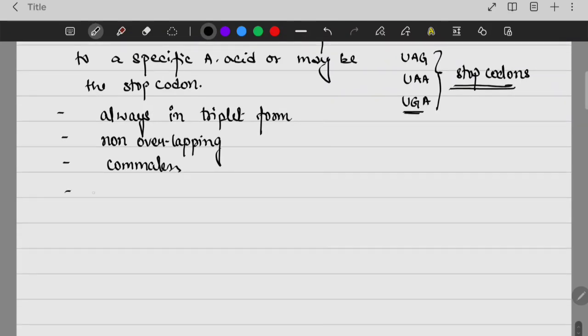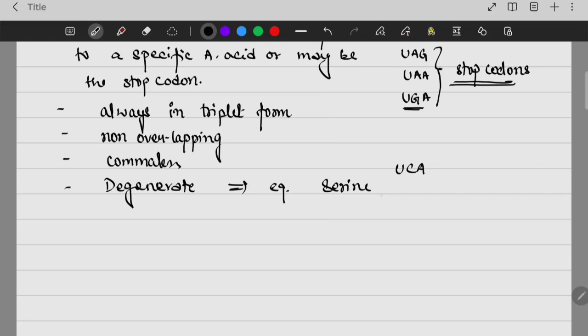This has the property of degeneracy. Degenerate means one amino acid may have more than one codon. This is known as the degeneracy of the genetic code. If I take an example of serine, serine has different codons like UCA, UCG, UCC.